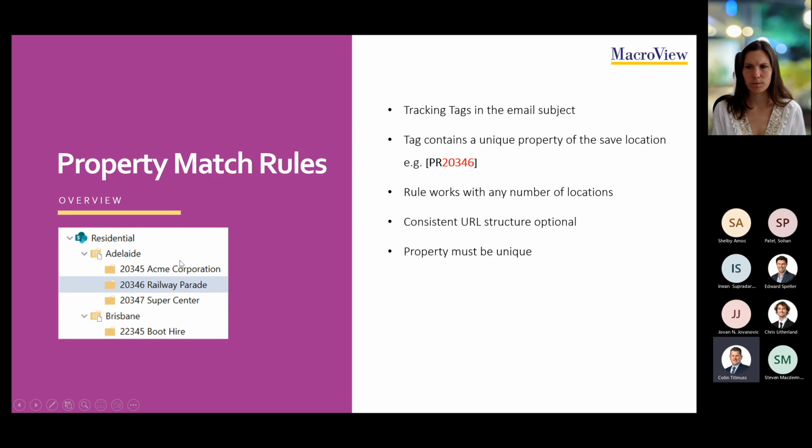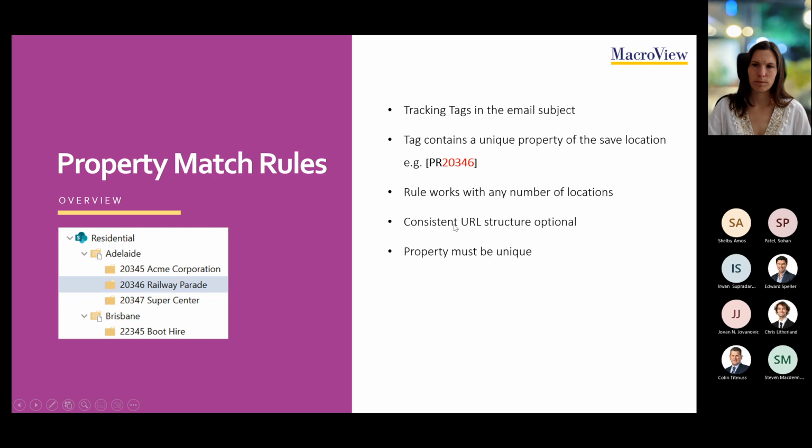So if you're in an environment where, as in our example here, you have a number for your project or folder, but that number is unique, so in a different area of your structure you won't get the same number, the numbering is different. There's only one. Then you can get away with just having that number in the tag, because we can identify the one and only place where it could go.